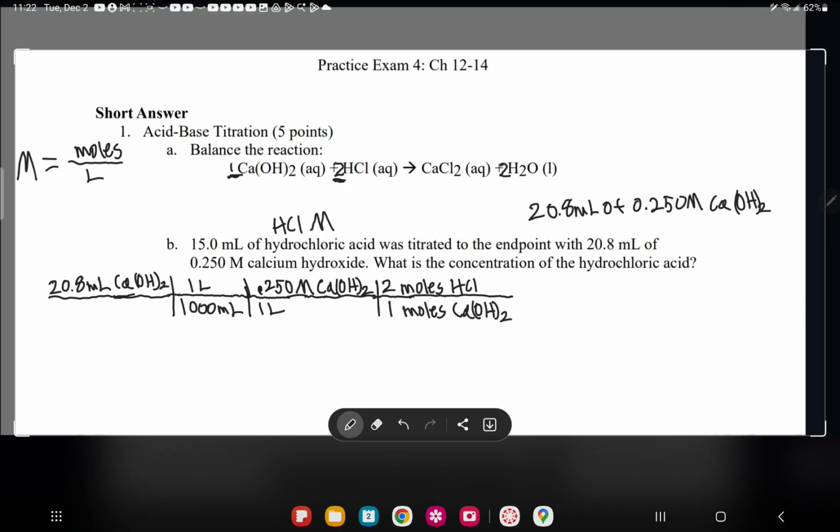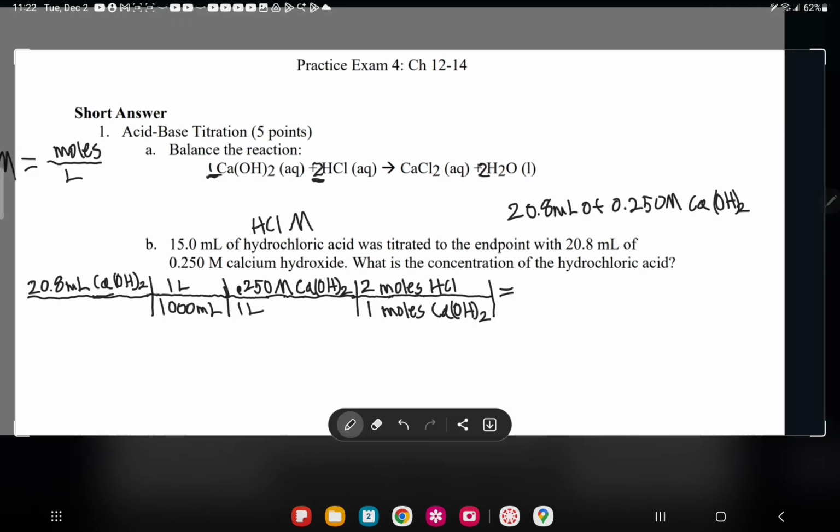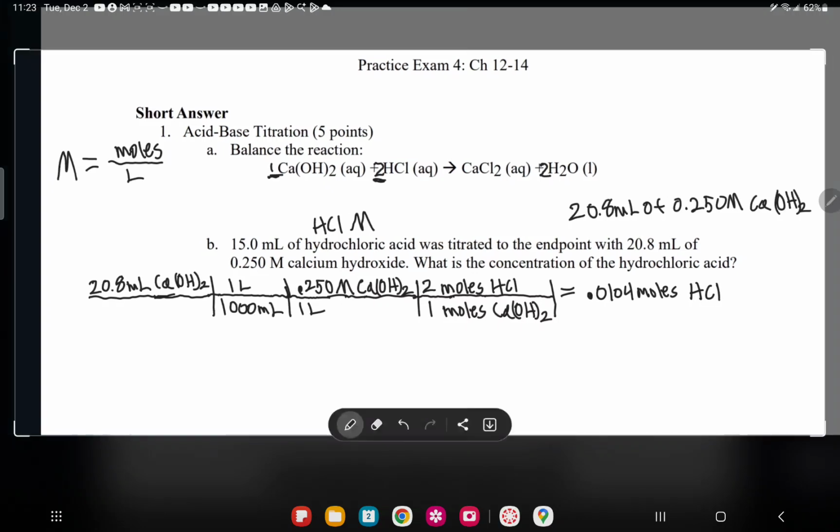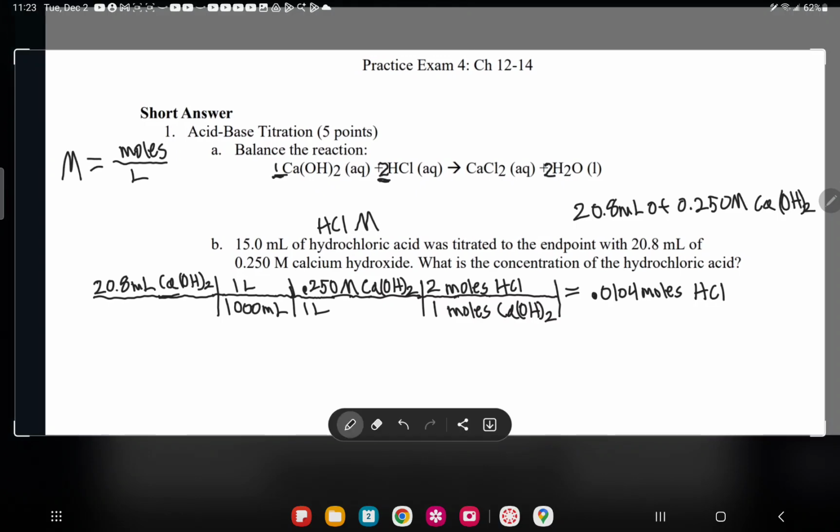So once we have all this, we can calculate it out, and this will give us 0.0104 moles of the HCl.